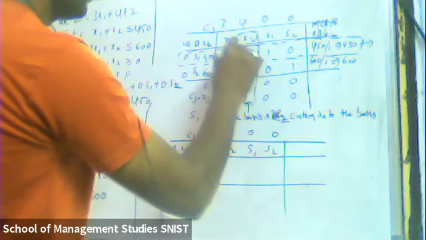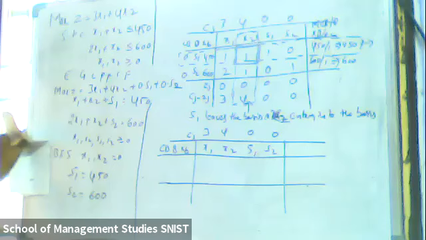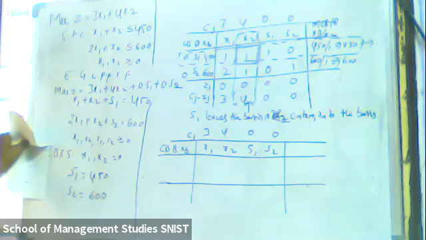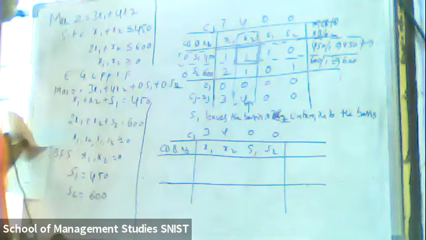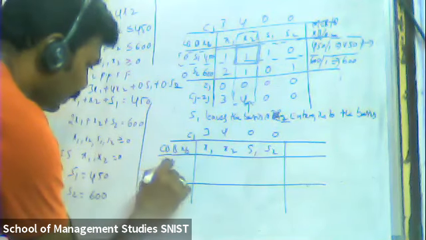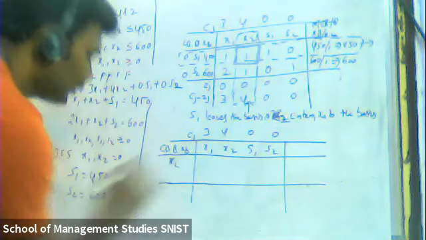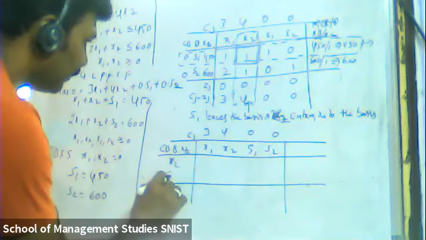So this is the key element. S1 leaves the basis and X2 enters into the basis. Now X2 enters here, and this becomes S2.